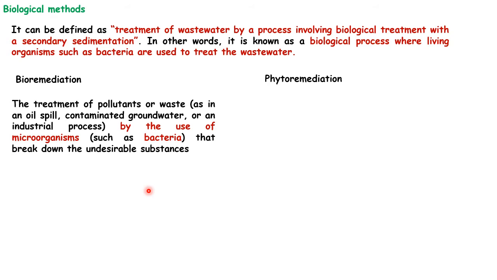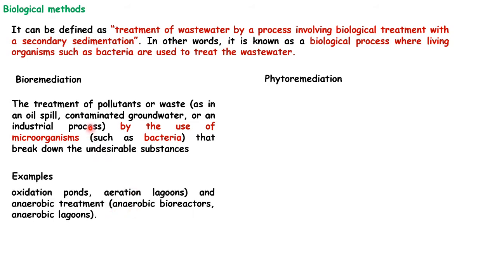All these will be treated with the help of biological organisms such as bacteria. They will break down those compounds into simpler compounds so that the water is not harmful anymore. The examples of bioremediation are oxidation ponds, otherwise known as aeration lagoons, and anaerobic treatment, otherwise known as anaerobic bioreactors and anaerobic lagoons.